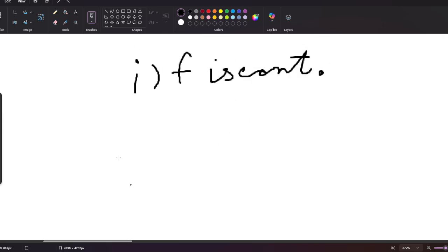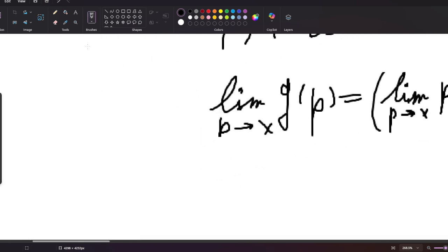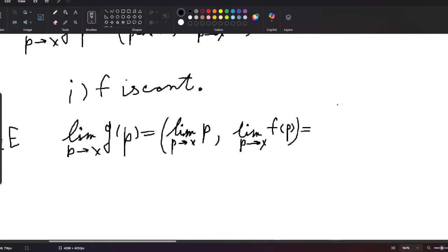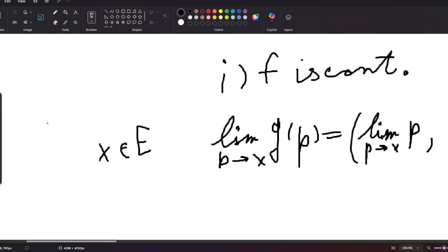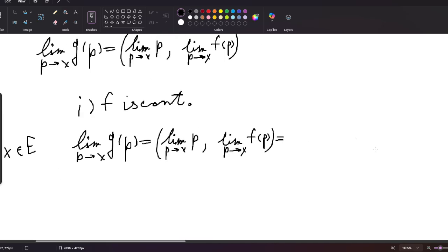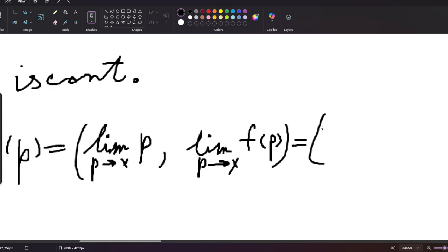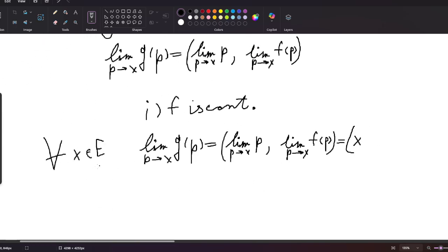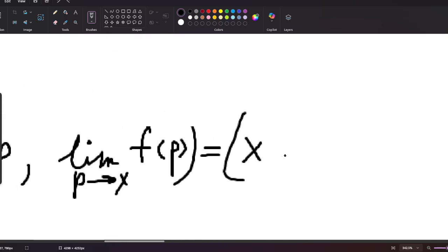We take a limit of g of p, for x belonging to E. For the first component, this is just x, and the reason it converges is because x belongs to E. Otherwise it wouldn't, even though it would be a Cauchy sequence.